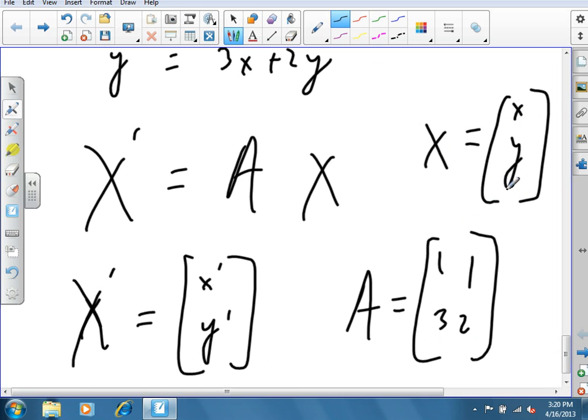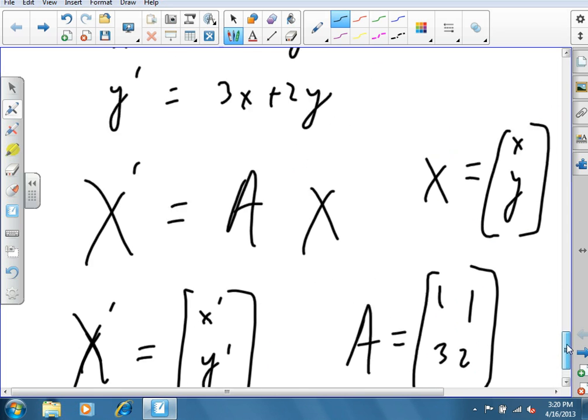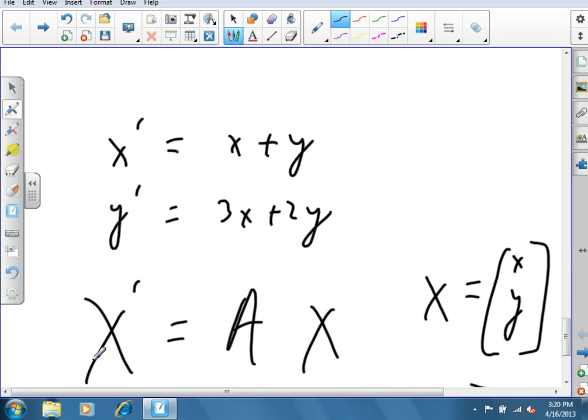So I'm replacing my simultaneous equations with matrix notation so that I don't have to write down as much. Okay?